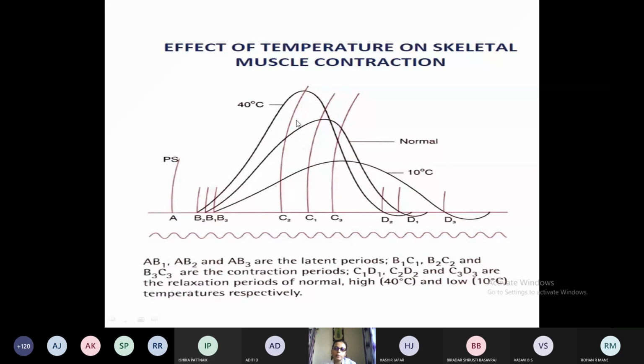For the normal it is a bit lower, and the cold one is the shorter curve compared to the other two. So what could be the reason? Anyone want to tell?